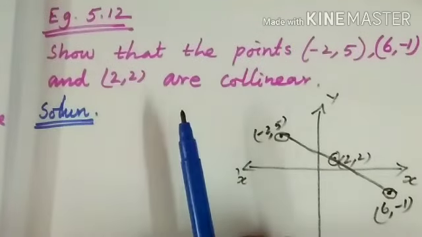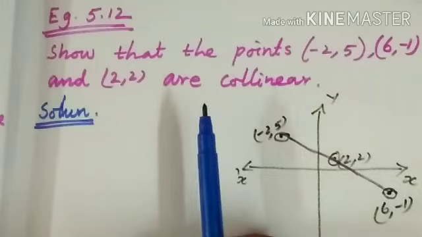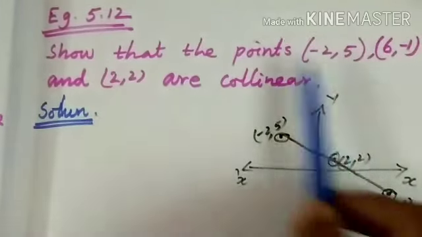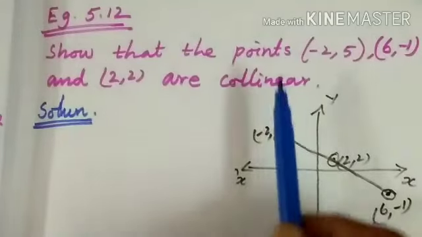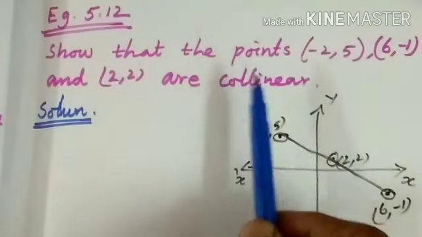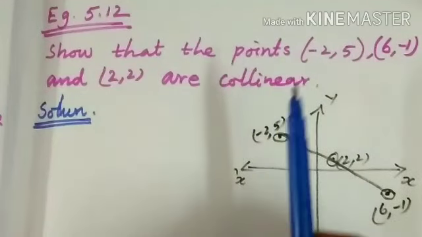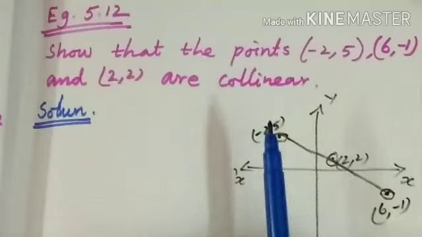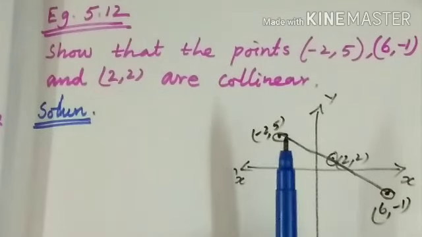In the previous exercise also, we have studied about this collinear concept. In that exercise, we check by using the area formula. In this exercise, we have to do this sum by using the concept of slope formula.